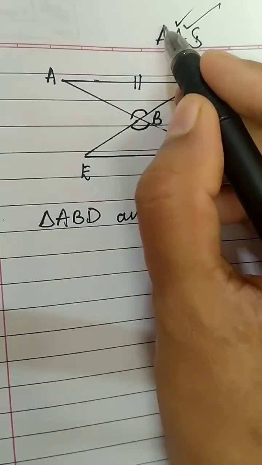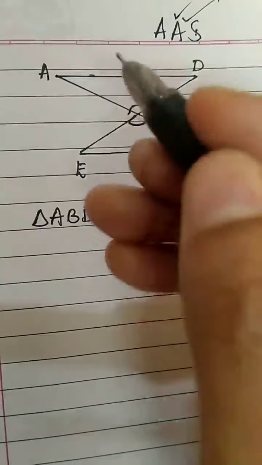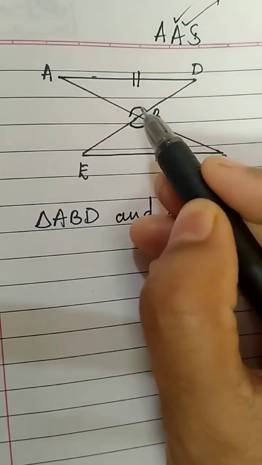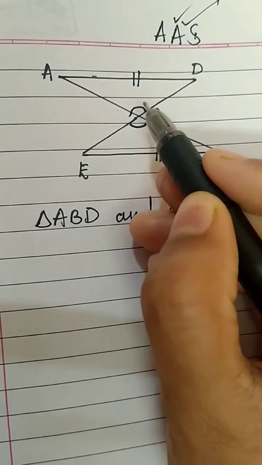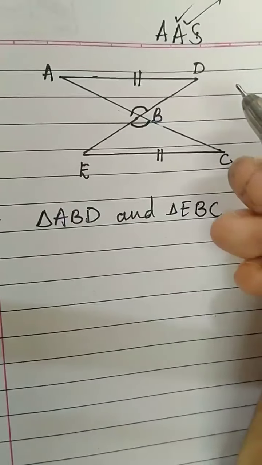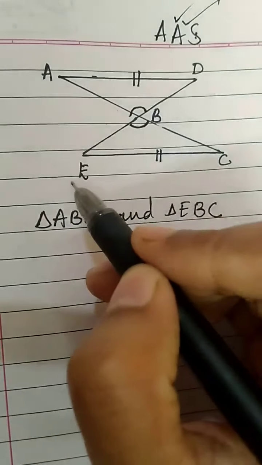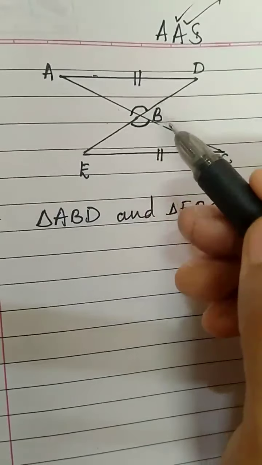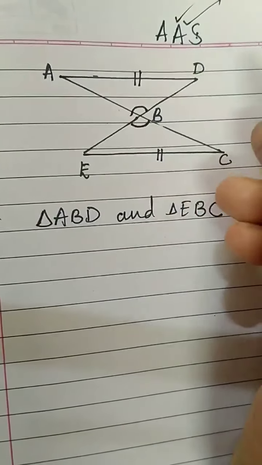So which is the one more information that is missing here to prove by AAS test? If you are able to say that angle BDA is congruent to angle BCE, then we can say that the triangles are congruent by AAS test.